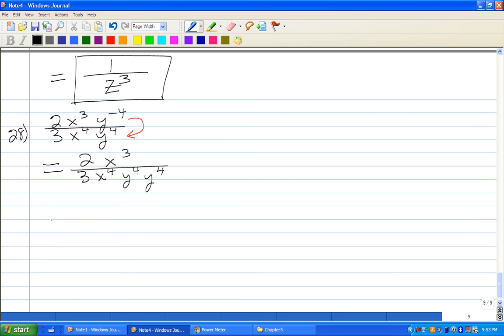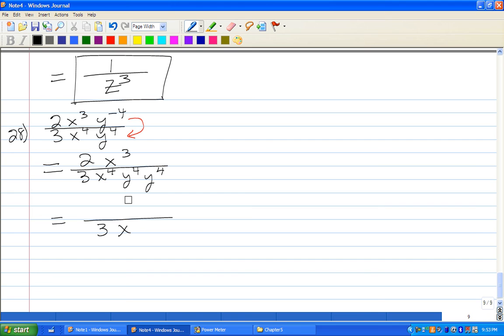And now let's simplify. Well, 2 and 3 I can't do anything with. I have here an x cubed and an x to the 4th. So we have the same base, x. 4 is bigger than 3, so x will be in the denominator.